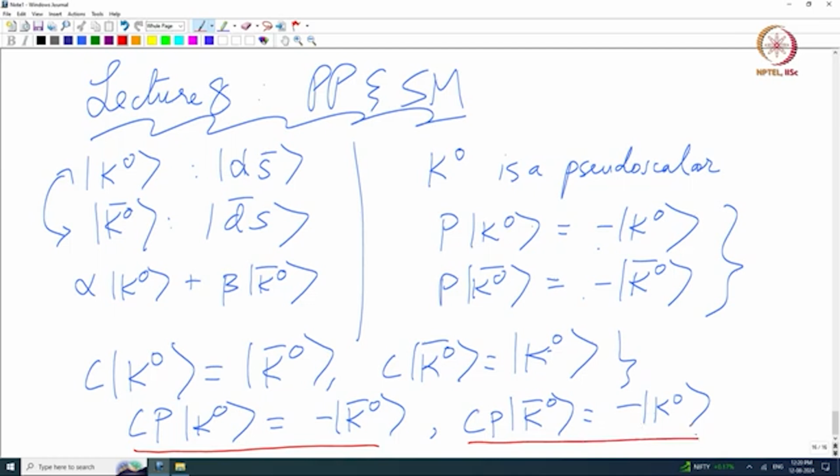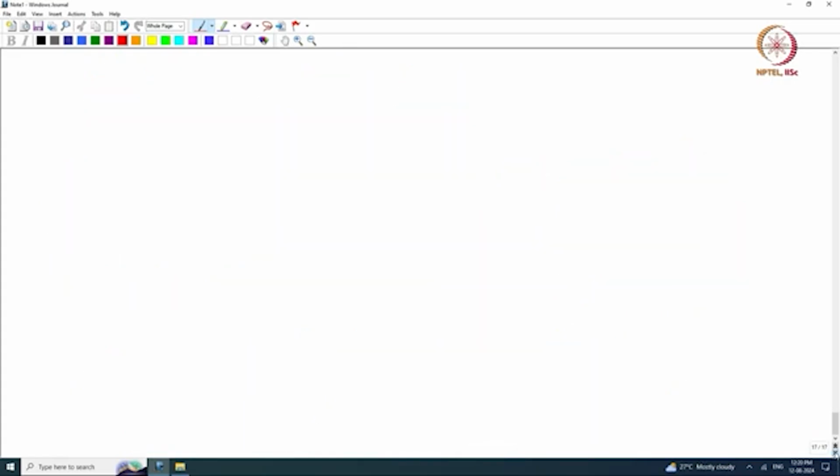Now just staring at these two equations, is it possible for me to construct CP eigenstates? Can I use some combination of K0 and K0 bar so that I can get an eigenstate of CP? Of course you can, right. All I have to do is add them or subtract them, and give them equal weightage.